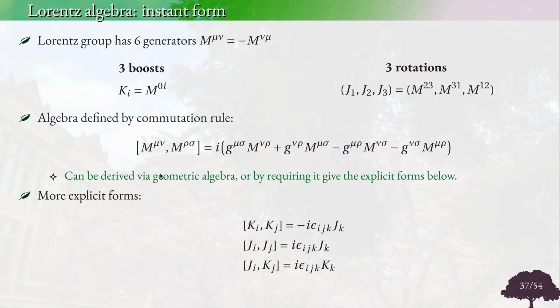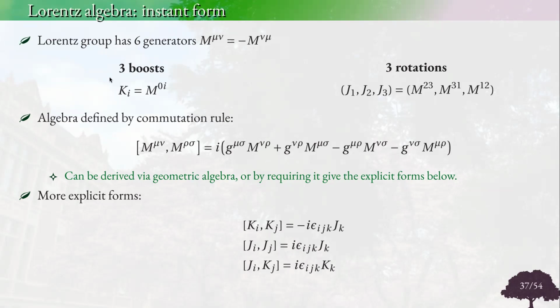For your first term, you take the metric with the first indices of both of the things you're commuting with each other, so g mu rho, then the last indices of the two things in your M. Then it's outer and then inner, and for the minuses you have first, last, and last, first. So the little mnemonic is to remember it's outer, inner before first, last.